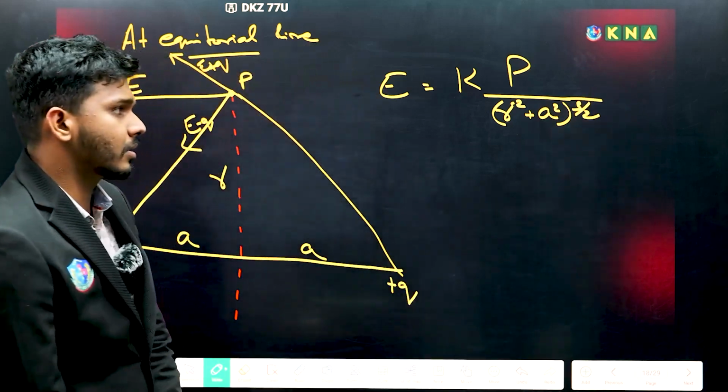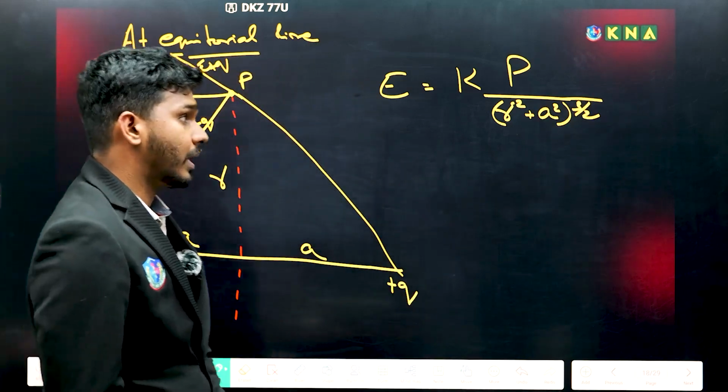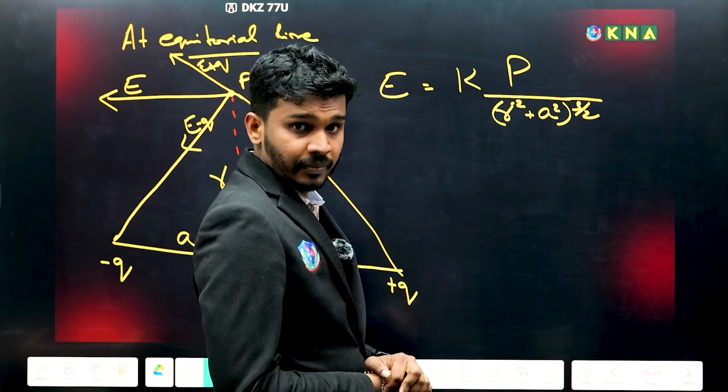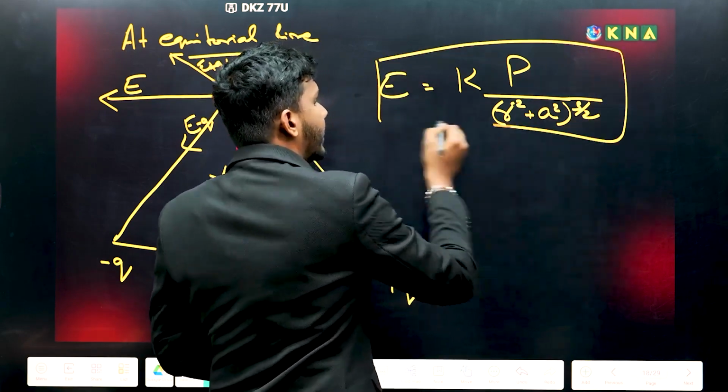Here we consider the distance to be R. This is the electric field at the equatorial line.